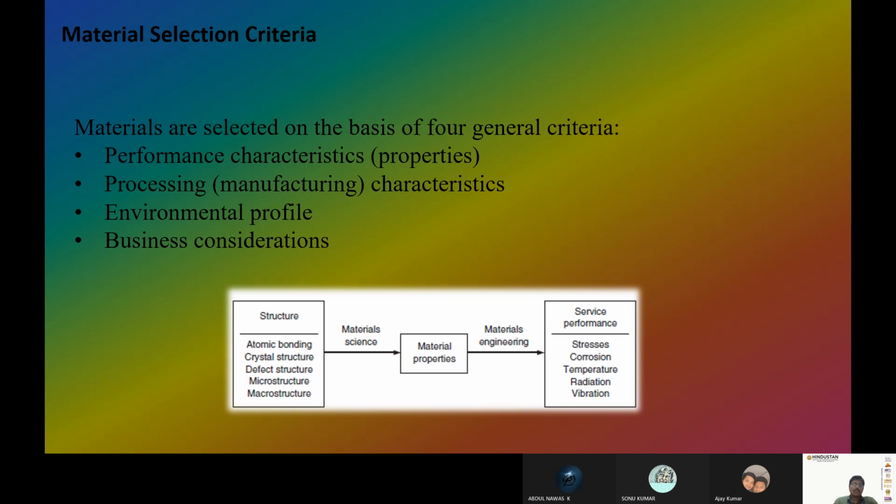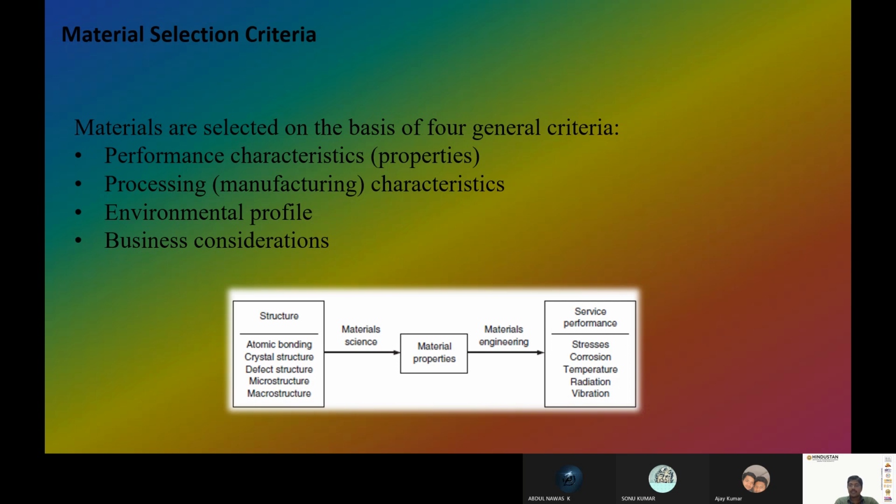And the next thing is how economic it will be, whether it will be good enough to sustain in the market, or we need to redesign it, right? So these are the major things in material selection and communications that we have to use while selecting the materials, right?